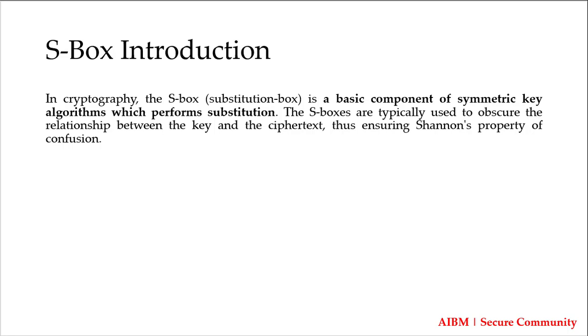The Shannon properties consist of two properties. The first property is confusion, and the second property is diffusion. The S-Box is related to the confusion property, and the P-Box is related to the diffusion property.